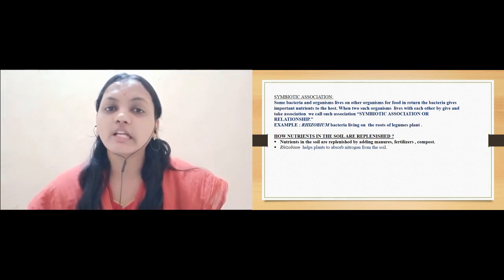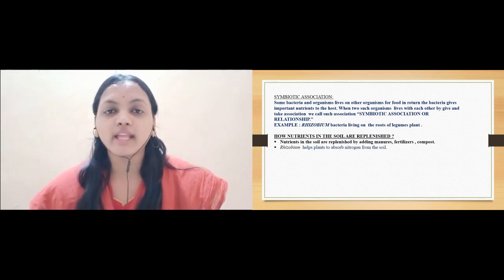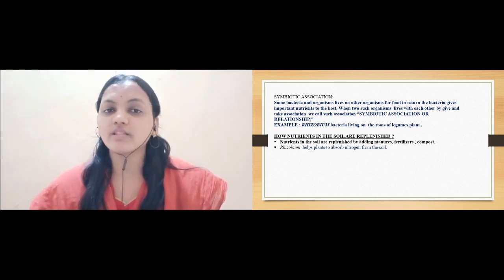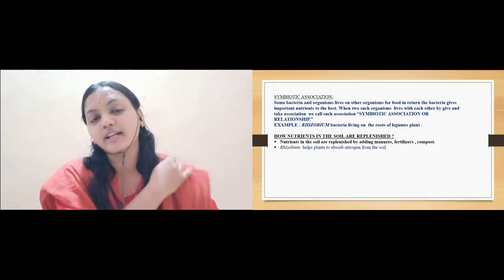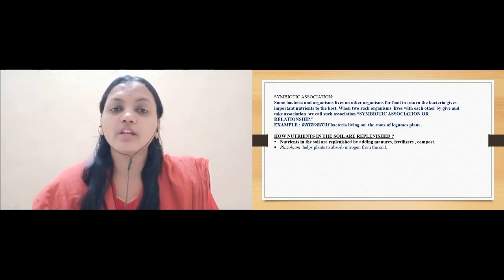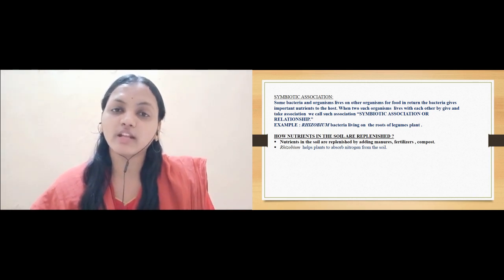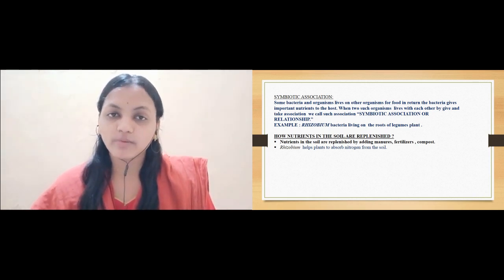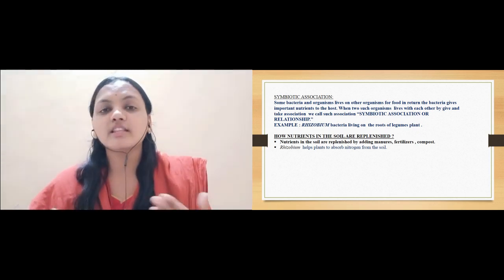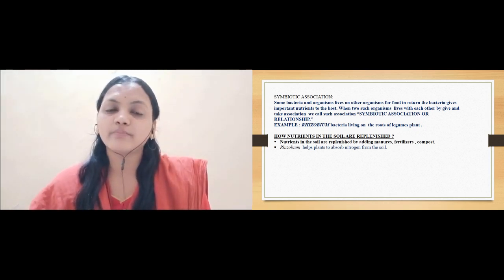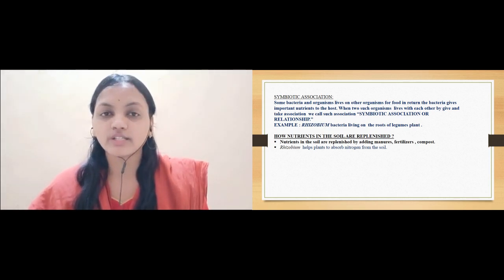Also there is the presence of the bacteria called rhizobium, which helps the atmospheric nitrogen present in the soil to be absorbed, and this organism absorbs it and sends it to the plants. In this way there is the replenishment of the soil with nutrients.